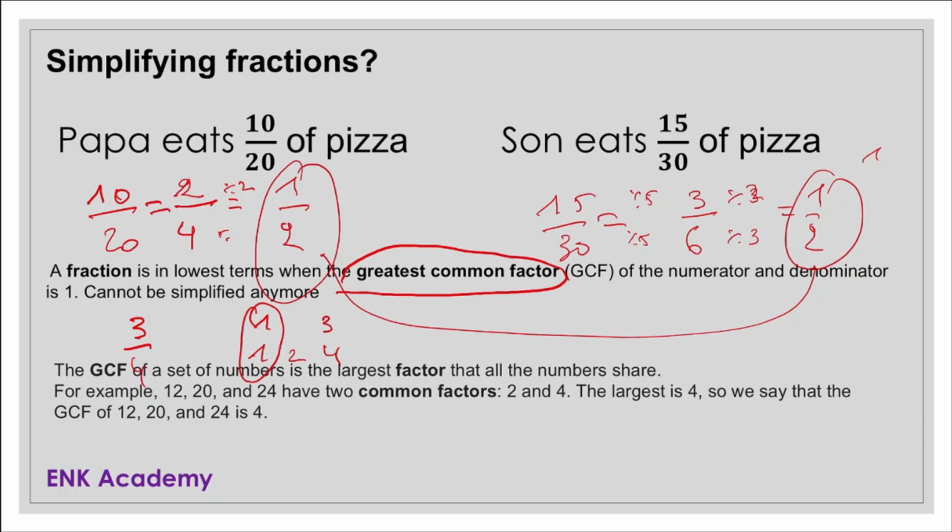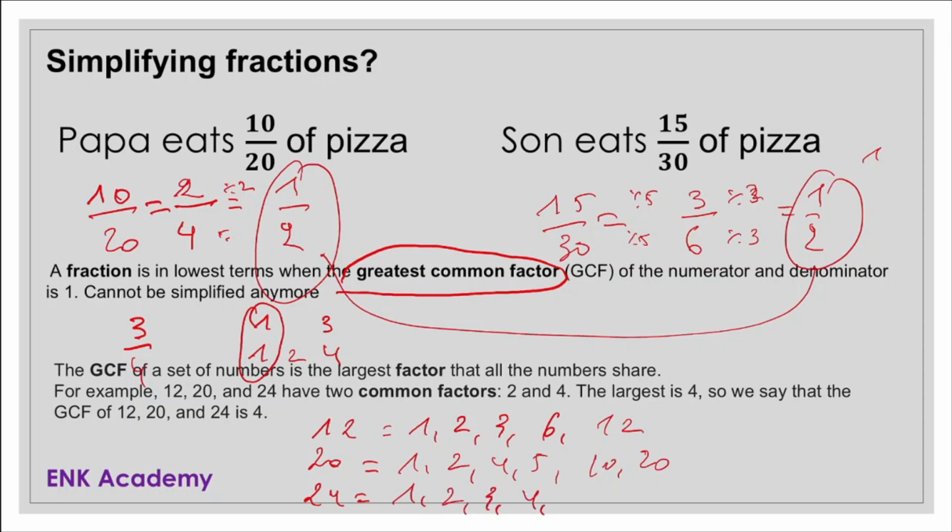For example, if you have 12, 20, and 24, 12 will have factors 1, 2, 3, 6, and 12, and then 20 will have factors 1, 2, 4, 5, 10, and 20, and 24 will have factors 1, 2, 3, 4, 6, 8, 12, and 24.